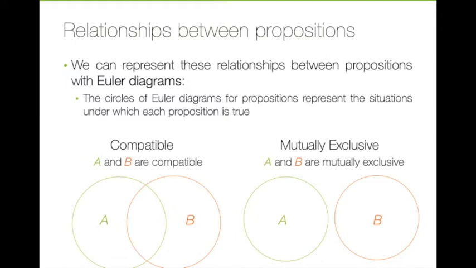Contrast that with the right-hand diagram showing mutually exclusive sentences A and B. We have no overlap between these circles because there's no overlap between the circumstances where each proposition is true. So if A is true, B is false, and if B is true, A is false. Again, these two concepts in particular will be relevant to our discussion of probability.